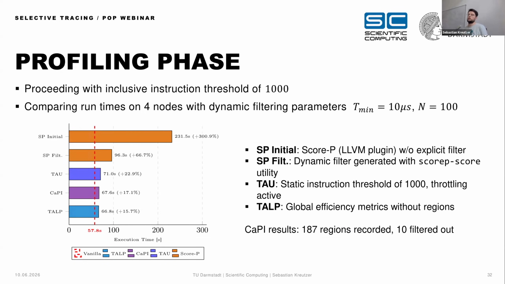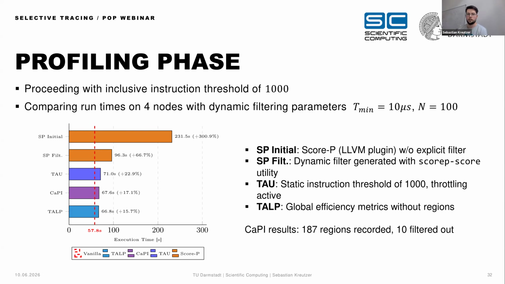Here we've chosen the threshold of 10,000 for the upcoming profiling. And we're using dynamic filtering parameters of measuring functions 100 times before excluding them, and excluding those that are below 10 microseconds in runtime. And this is on a 4-node run.